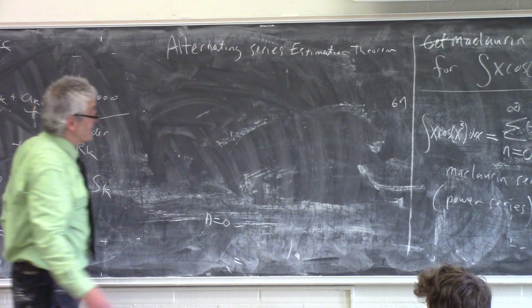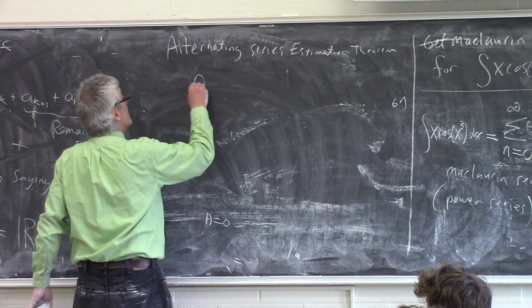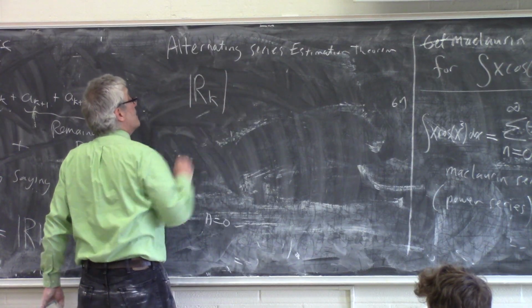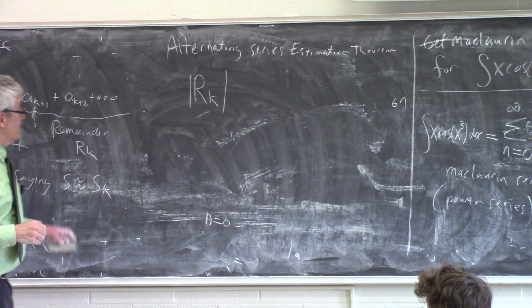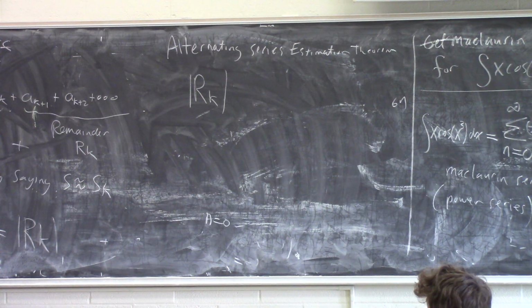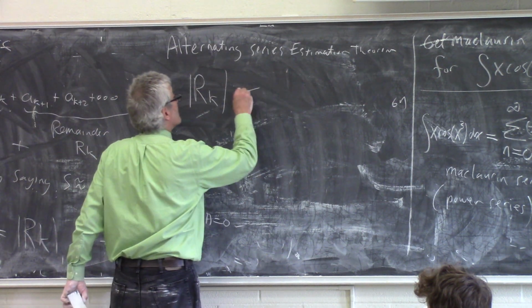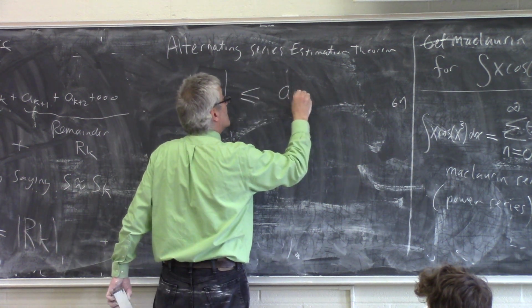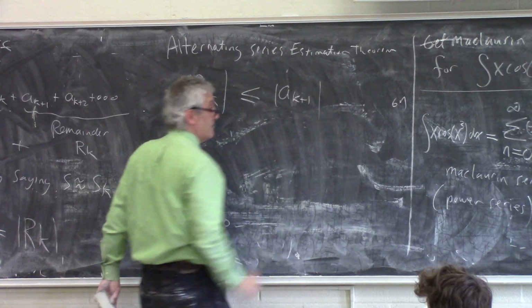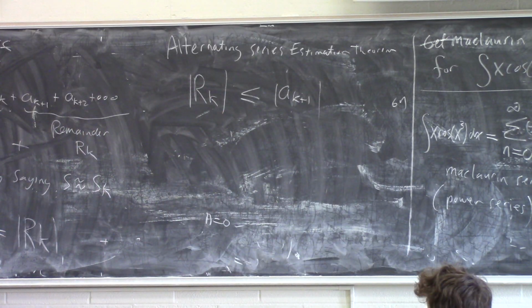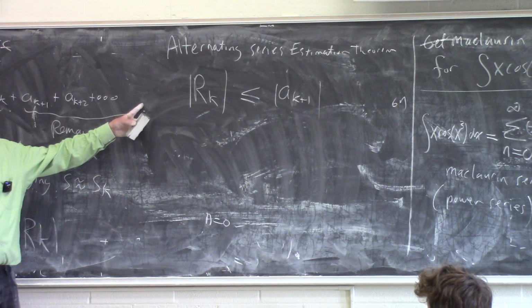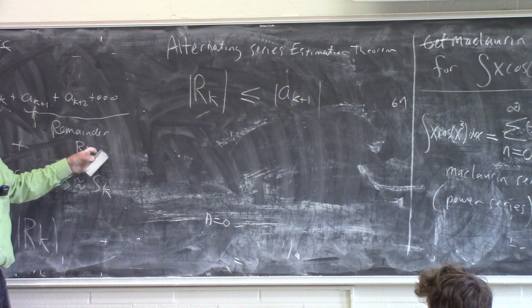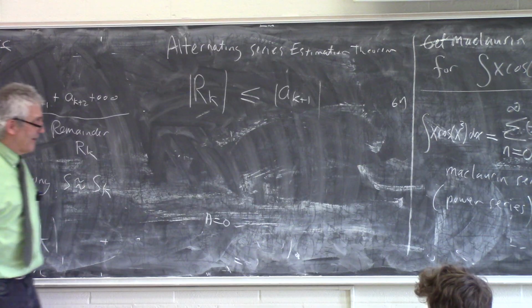But for alternating series, RK stands for the error that I commit when I only use SK instead of all of S. It turns out that all you have to do is look at the very next term. So you don't have to worry about the fact that this tail goes on forever. The error, RK, is less than or equal to that.